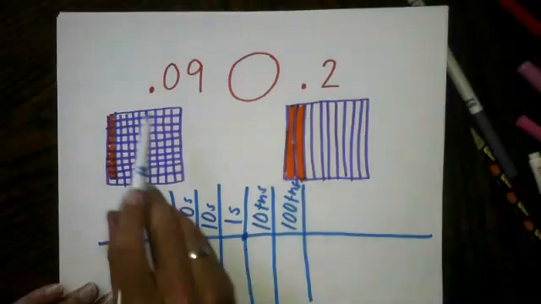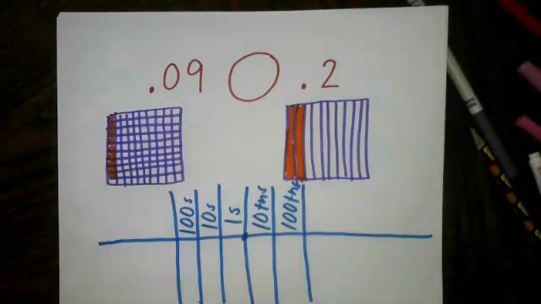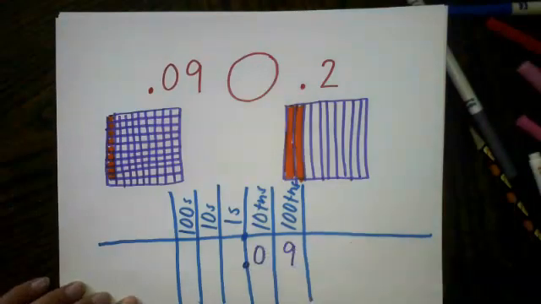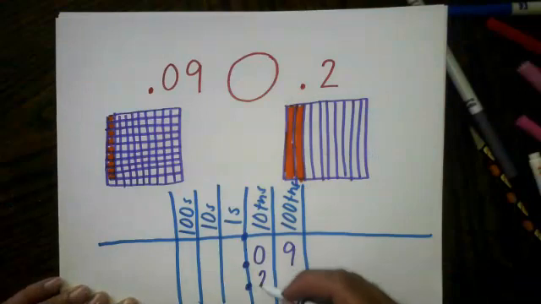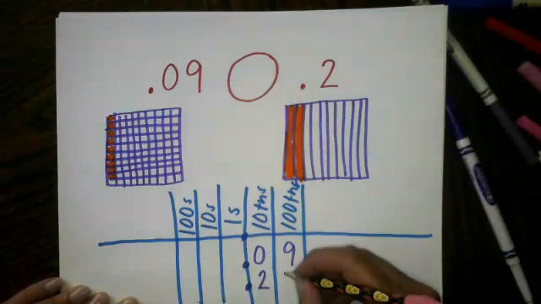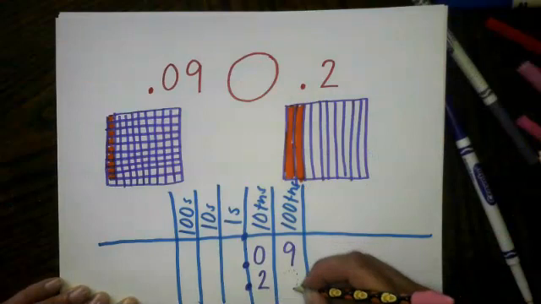Okay, so I'm going to start by writing 9 hundredths. I'll do it in different colors so it stands out. 9 hundredths. And then I have 2 tenths.